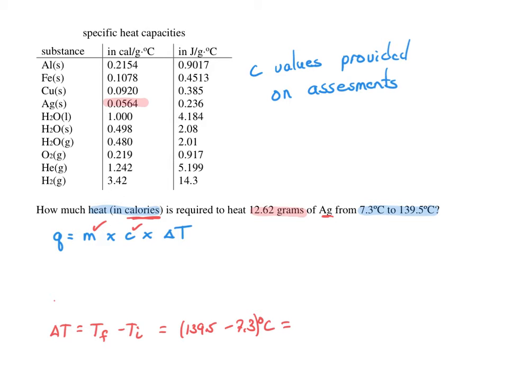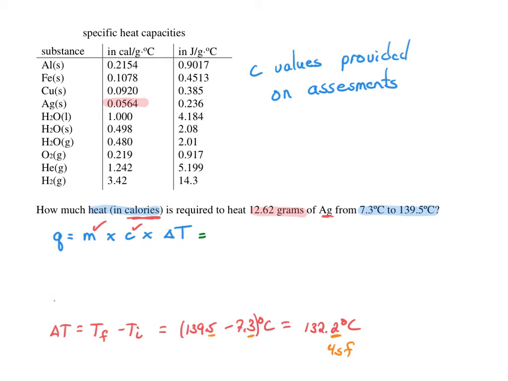And so therefore our delta T value is going to be 132.2 degrees C. And for sig figs on this data point, each of these temperatures is good to the tenths, so the delta T is good to the tenths. We use sig fig rules for addition subtraction, so we know that this number is going to have 4 sig figs when we get to the end of our calculations.